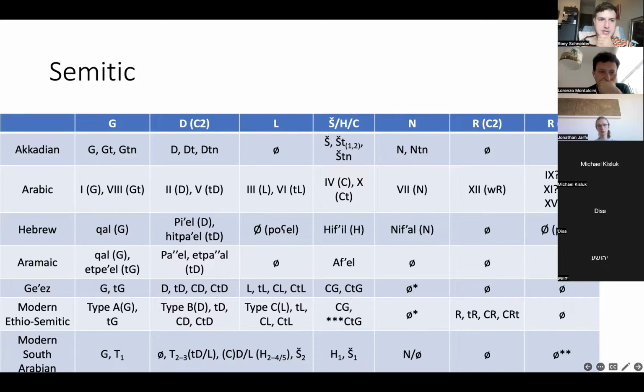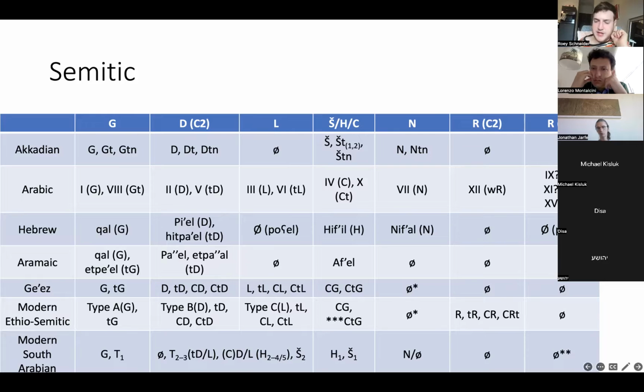And the reduplicated third radical, which is very, very rare in Akkadian, but I think it does exist. Arabic has something similar to this when this radical is geminate in the 10th and 11th form, if'alla and if'alla, but it is also reduplicated in the 15th form, if'anlala.